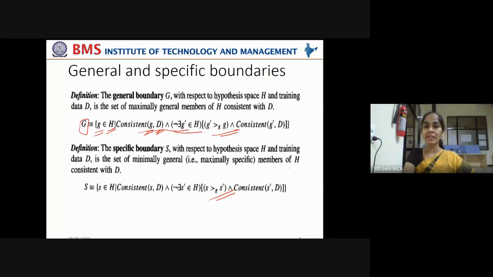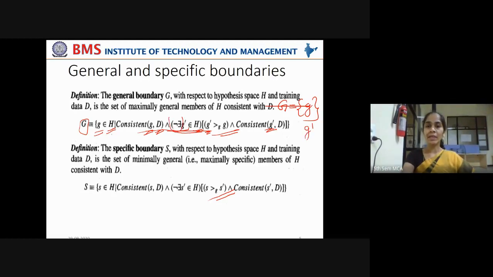There should not exist any general hypothesis G dash that belongs to H such that G dash is more general than an existing hypothesis in the general boundary set, while being consistent with D. Let us take the boundary set having only G. Now, you should not have any other general hypothesis G dash.